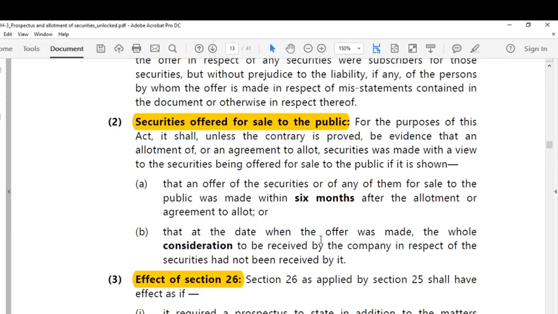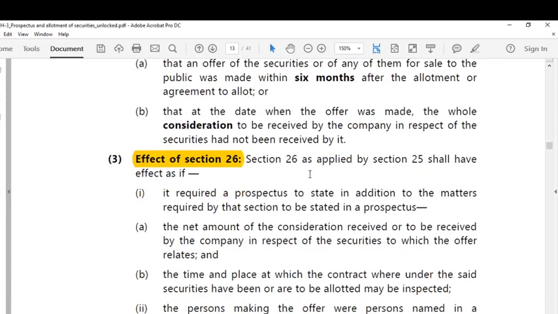For example, a shareholder owning, say, 1 crore shares of rupees 10 each in X Limited, if he wants to sell some of his holdings to the general public, he can do so through the company. That is called an offer for sale of securities by a shareholder through the company. In all such cases, whatever document is issued by the company to sell such shares to the public is considered to be a deemed prospectus.